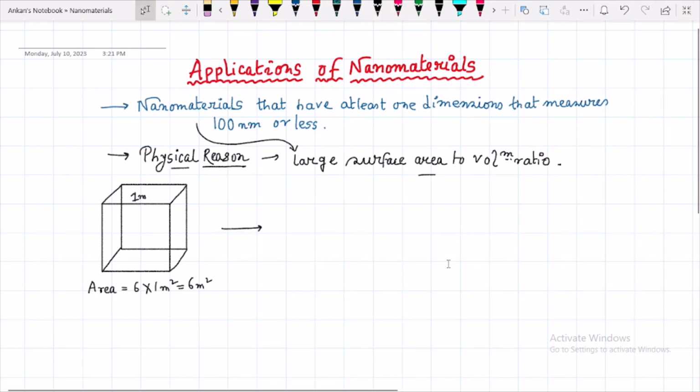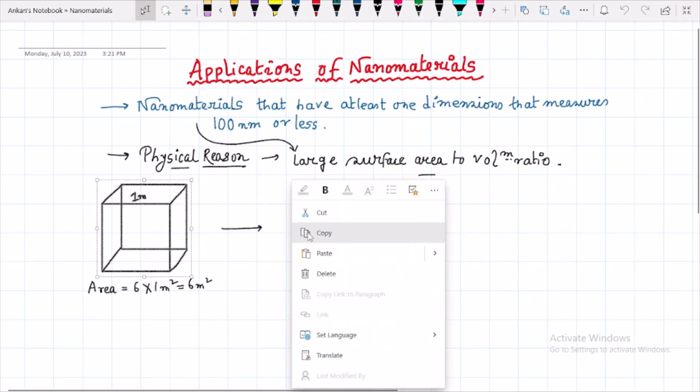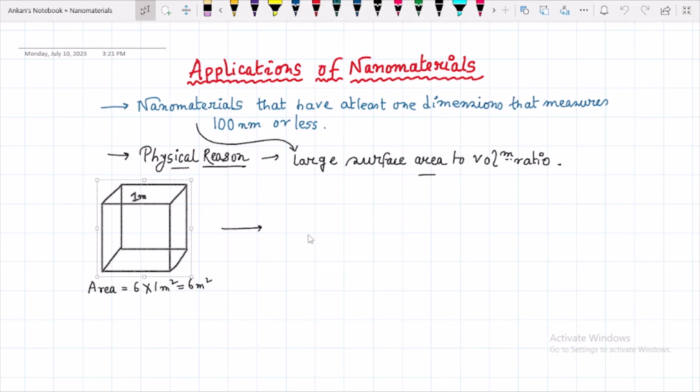Now let me divide this bulk material into some smaller components.